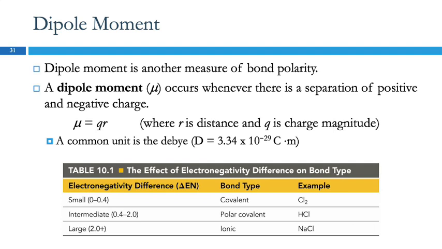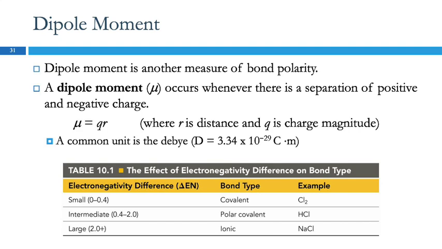Another way to measure bond polarity instead of looking at the difference in electronegativities is by measuring the dipole moment. There's a dipole moment anytime you have a separation of positive and negative charge. It's equal to the magnitude of the charge times the distance between them. The higher the charge, the larger the dipole moment.